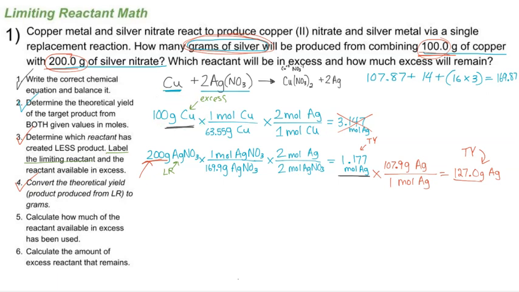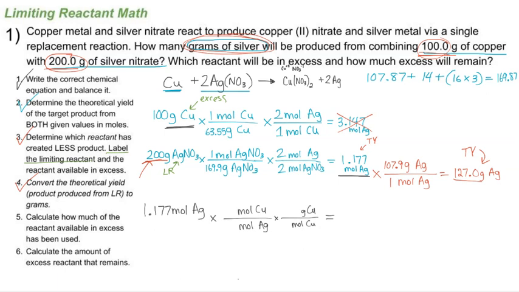So here we go. We'll start with 1.177 moles of silver. And so we'll take our moles of silver to moles of copper. And then we'll take our moles of copper to grams of copper. And we really have all the information needed to fill in these conversion factors already available.